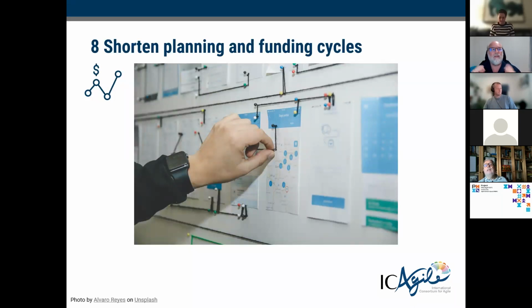We shorten the planning and funding cycles. Effective lean portfolio management requires shorter funding and planning cycles, moving away from annual planning and long-term funding to quarterly or more frequent planning. Keep the bank open rather than allocating funds once a year, to allow responsive funding for new opportunities and goals as they emerge.